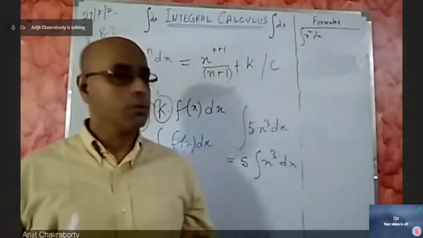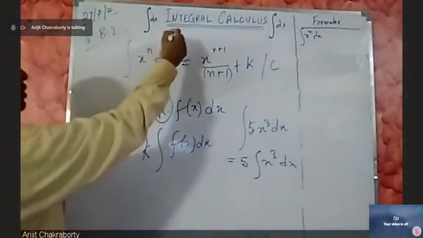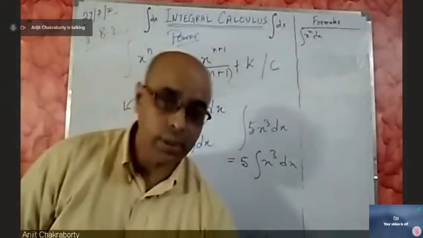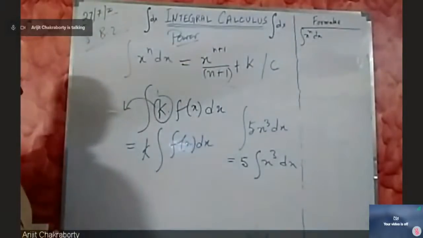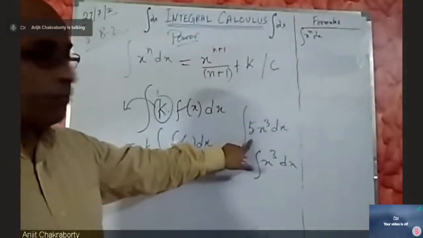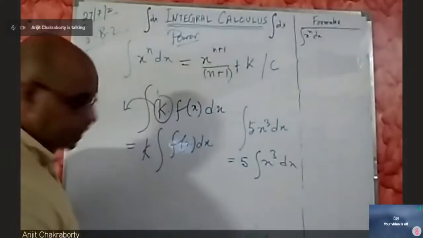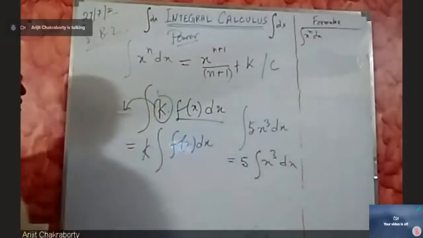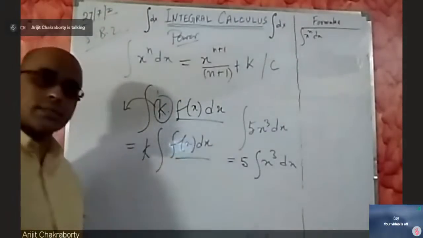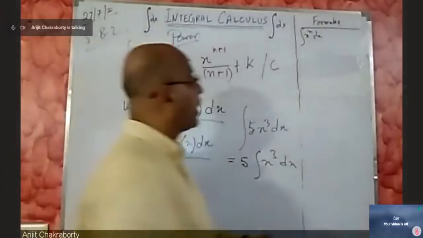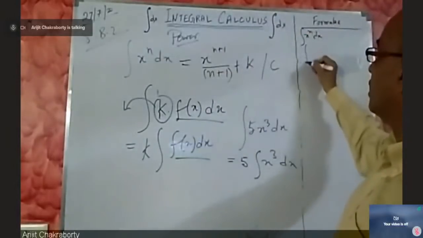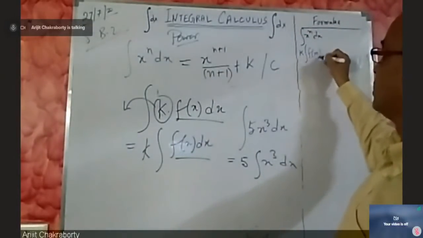The first one which you see is known as the power rule, and the next formula which we see is called the constant multiplier rule, because when you multiply a function by a constant k, the constant will come out and we will only integrate f(x) dx. So this is the second formula, and I am writing here the second formula so that we can refer to it later. k into f(x) dx.